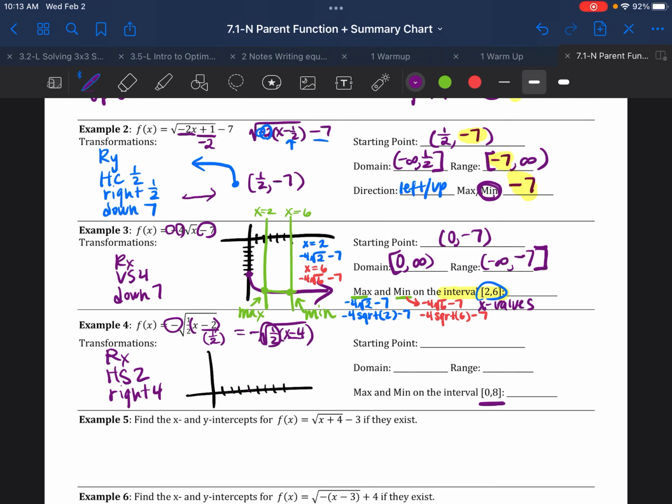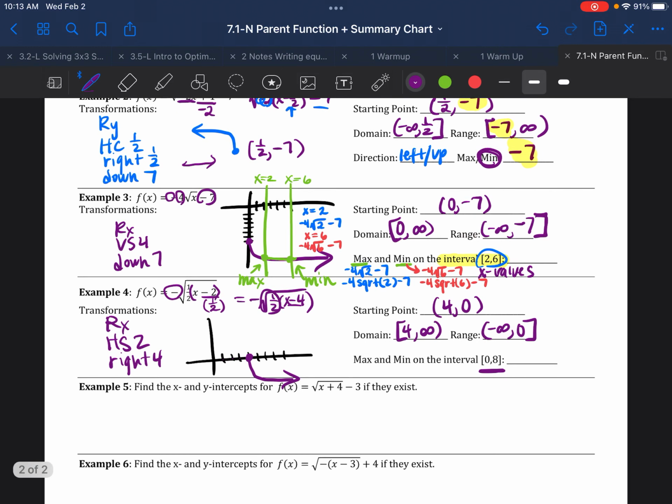So 1, 2, 3, 4 for the starting point. And then because of the Rx, it is now down. So our domain goes from that 4 to positive infinity because it's still going to the right, whereas the range is negative infinity to 0. We are less than the 0 now for the y, for the range.